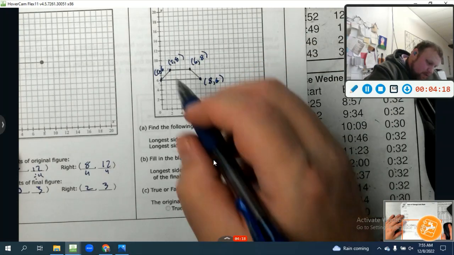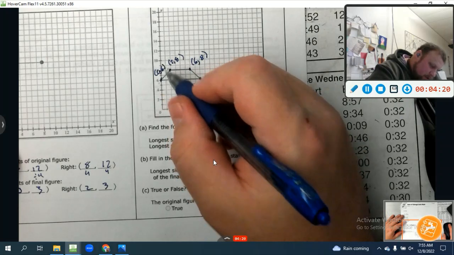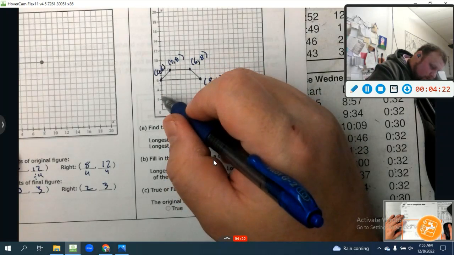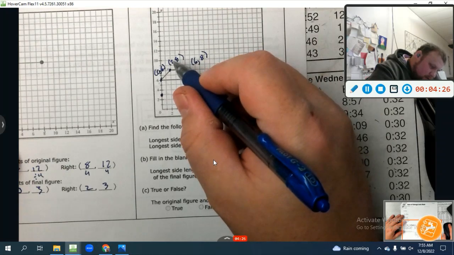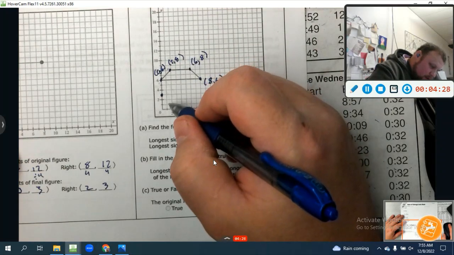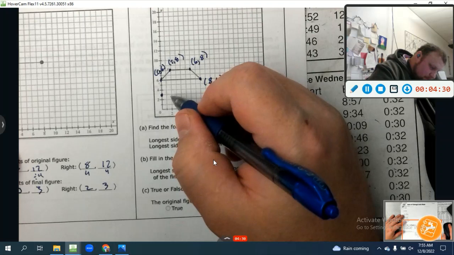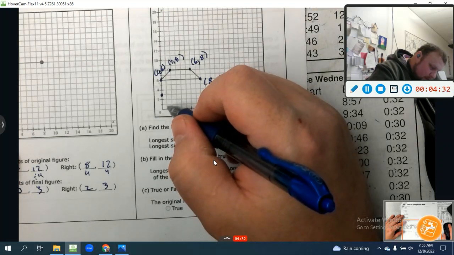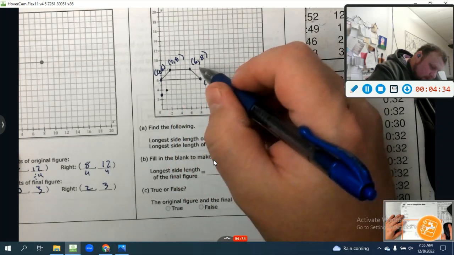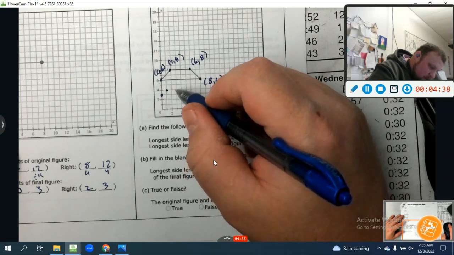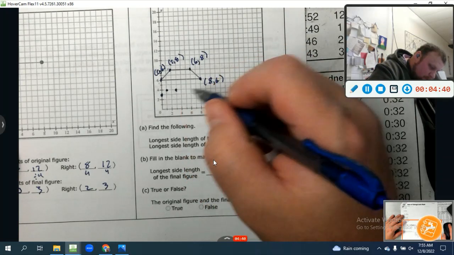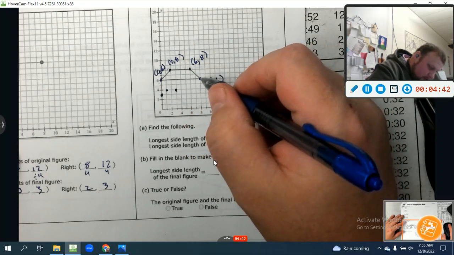So 0, 6 becomes 0, 3. 2, 8: 2 divided by 2 is 1, and 8 divided by 2 is 4. 6 divided by 2 is 3, and 8 divided by 2 is still 4. And then 8 divided by 2 is 4, and 6 divided by 2 is 3.